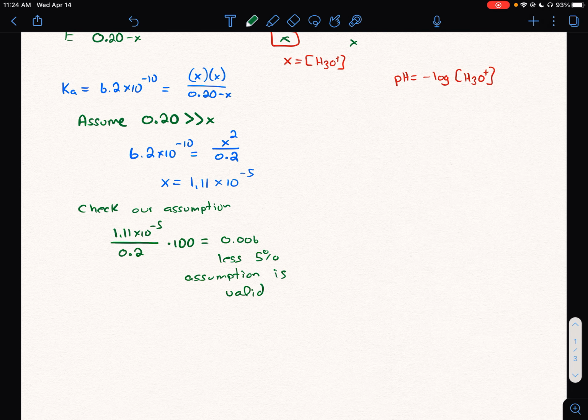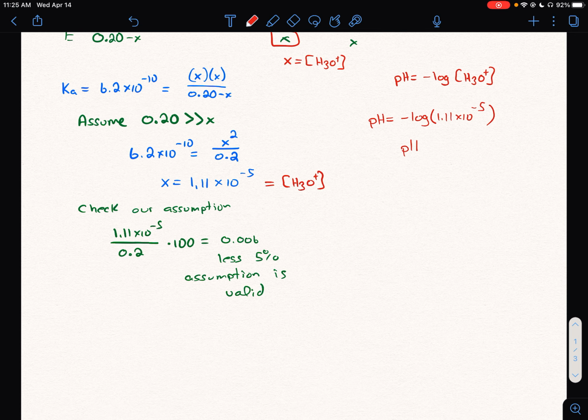So we now know what X is, right? This X we've solved is the concentration of hydronium. So we can come over here to our pH expression, and we're now going to say pH is equal to the negative log of 1.11 times 10 to the negative 5th.